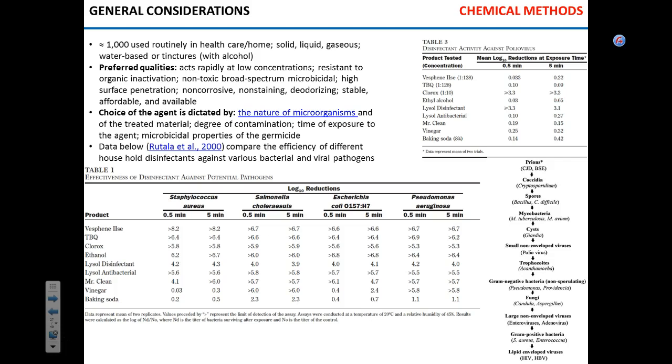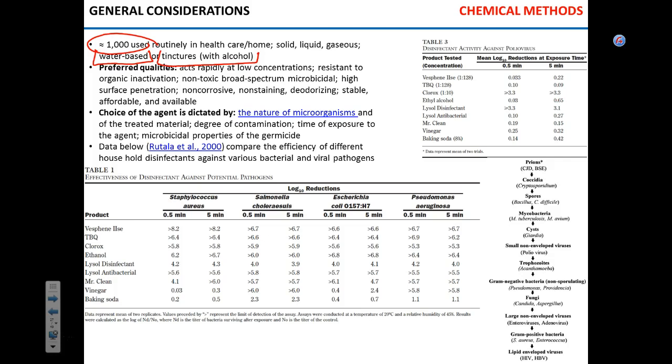There are currently more than 1,000 different chemicals routinely used for microbial control. Some of them are solid, some of them are liquid. We even use gases. The overwhelming majority of them are liquid, water-based. But some are tinctures, meaning that they contain alcohol.